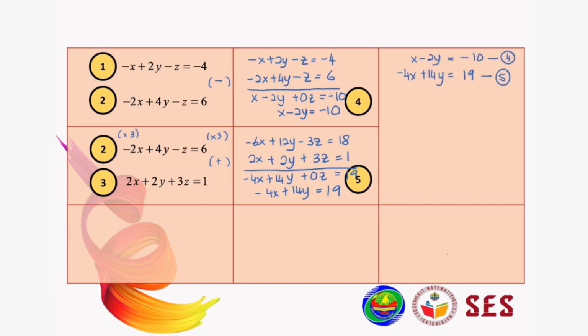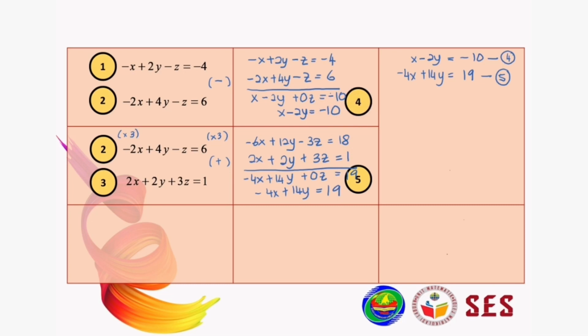Now, we already have equation number 4 and equation number 5. As we can see, we only left with two variables, which is x and y. You can choose to remove either x or y. In this case, let us try to remove y.